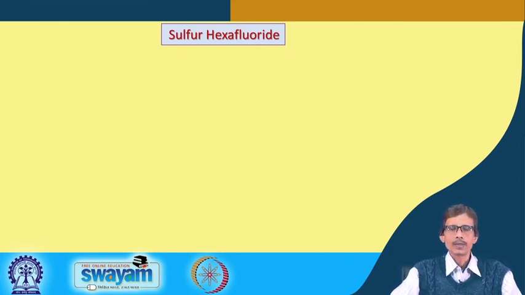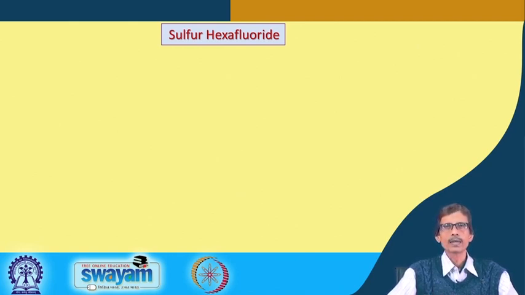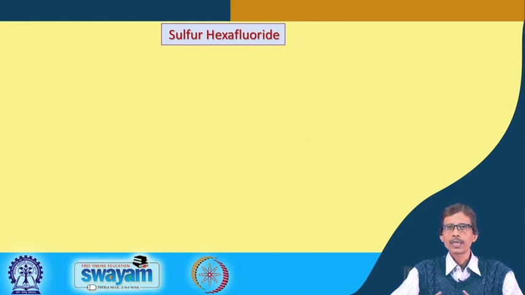Then we can have the sulfur hexafluoride. Like uranium hexafluoride, now you can get it in terms of the non-metallic part, that means sulfur. We have seen sulfur dioxide and sulfur trioxide, but we never discussed it in terms of this sulfur compound, which is also an important compound based on sulfur.